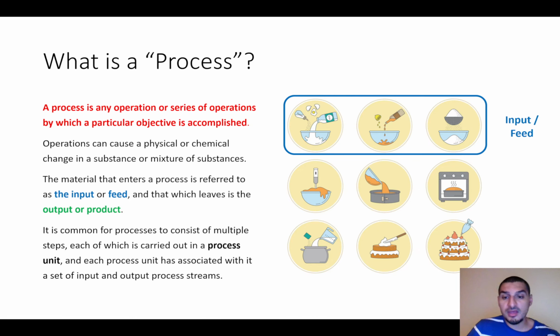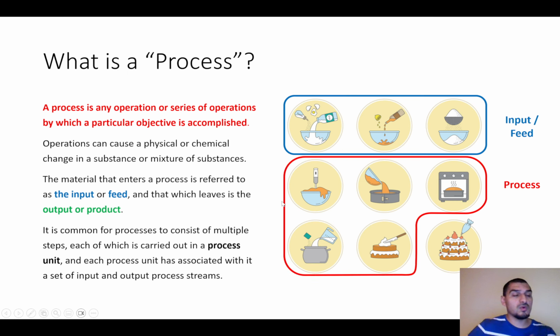And then we have multiple steps. These multiple steps include mixing the ingredients and pouring the mixed ingredients into the cooking pan, and then baking the cake in the oven, and then making the icing or the topping, and then putting the icing or the topping on the cake and decorating it. So all of these are steps.